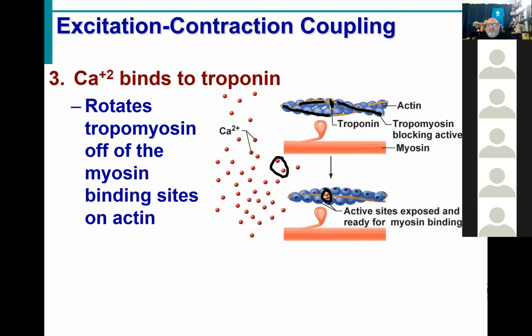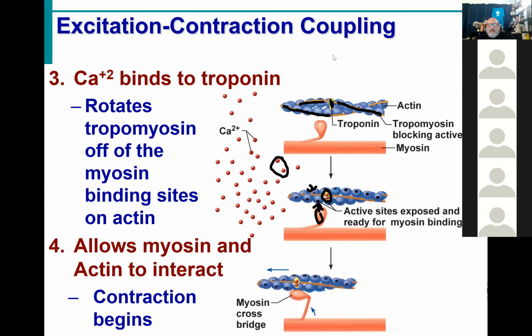It undergoes that conformational change. And when it does that, it rotates the tropomyosin. And now notice all of our binding sites are exposed. And now that they're exposed, our myosin head is finally able to grab onto the actin and start its contraction.